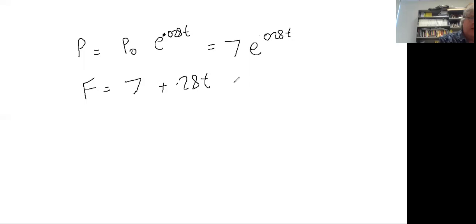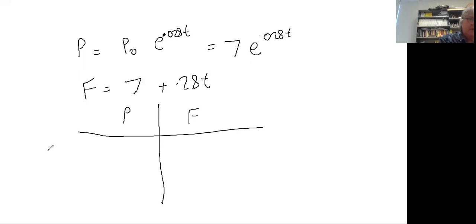So if we go ahead and make ourselves a little table of what population and food are going to look like over the next 100 years. Here's P, here's F, and 25, 50, 75, 100. In 25 years, the population is going to be 14.1 million, and the food is going to be 14 million.